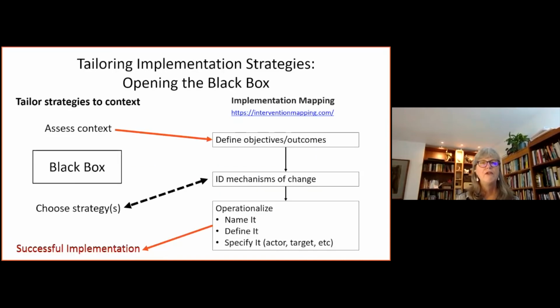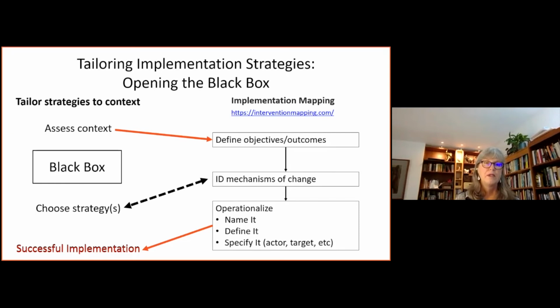So now if we add a little bit more to this process of specifying and tailoring implementation strategies, the black box becomes much more clear. We want to create a transparent pathway for how those strategies were chosen, how they are operationalized, and what then the outcomes are, or how effective they were.